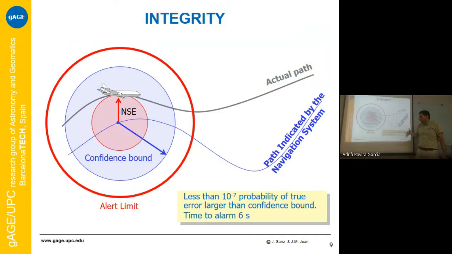So it can happen, but the probability is very small. It's 1 in 10 million. So it's something very, very rare. And the time to alarm is around 6 seconds. We will see later a table with all of these values.